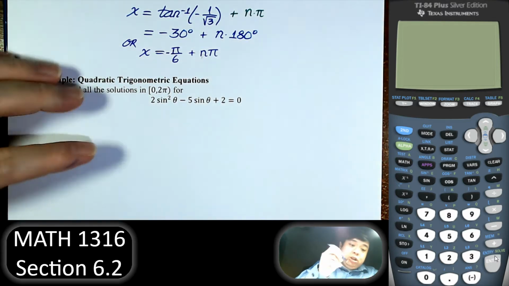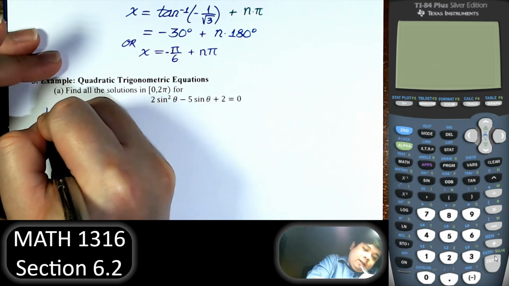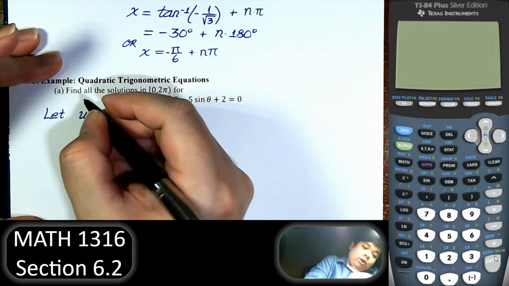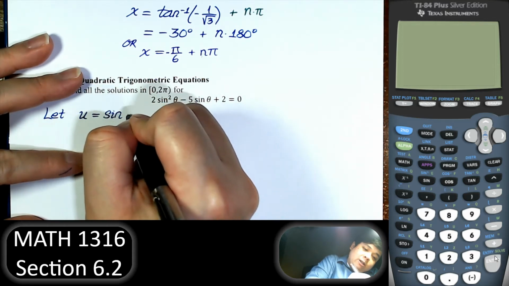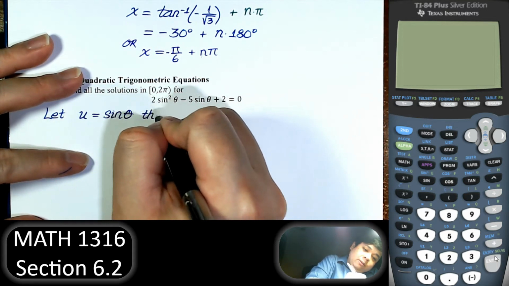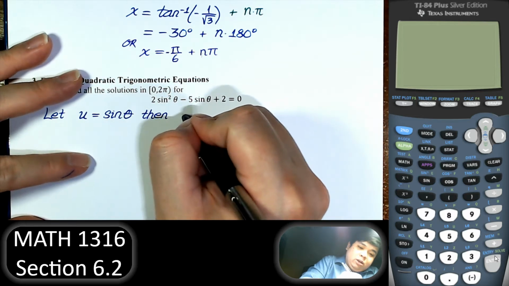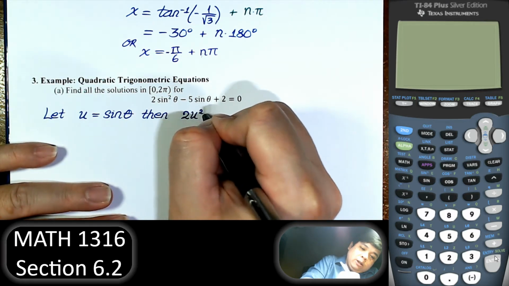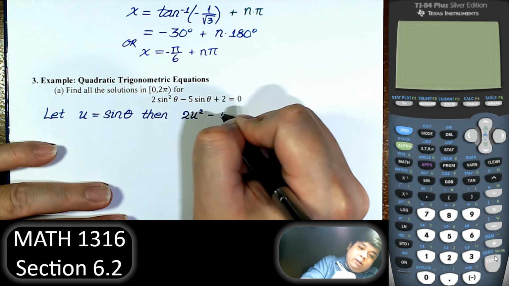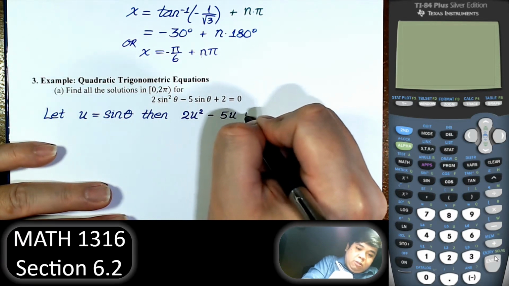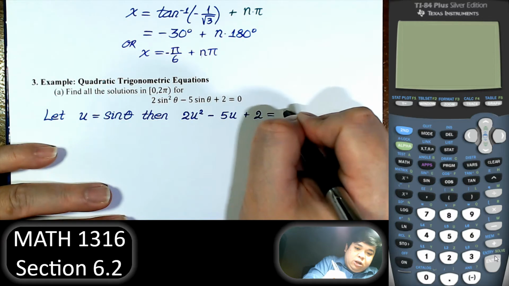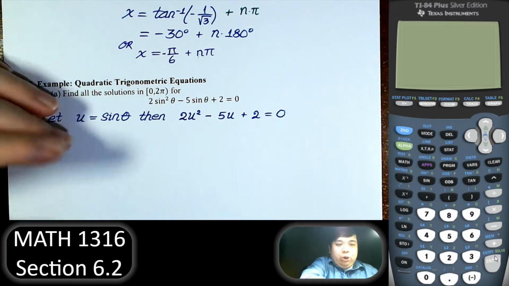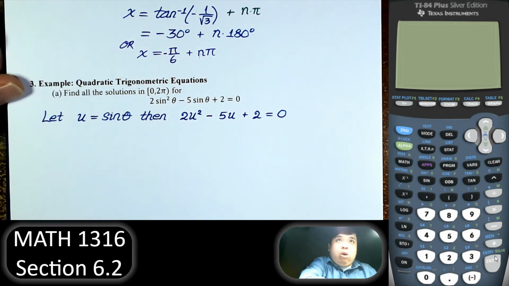So now if we do the substitution, if we let u equal sine theta, then the equation becomes 2u squared minus 5u plus 2 equal to 0. Right? So just let sine equal u, and we have that equation returned to a quadratic equation.